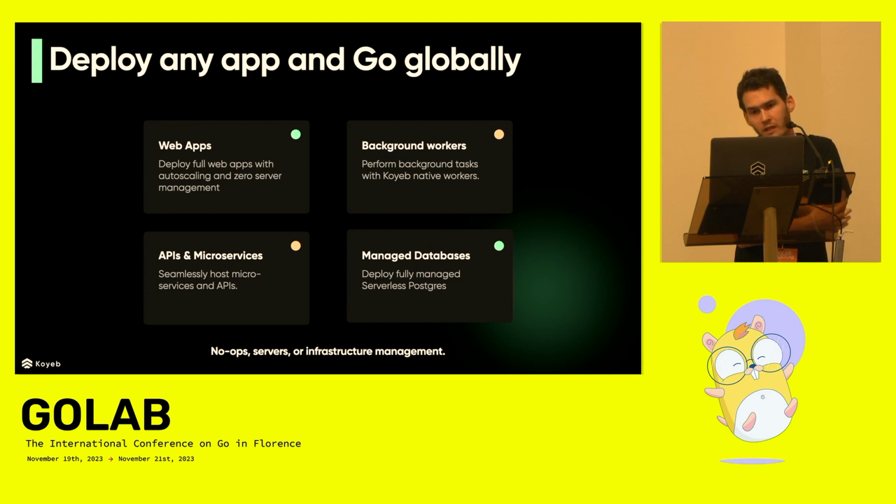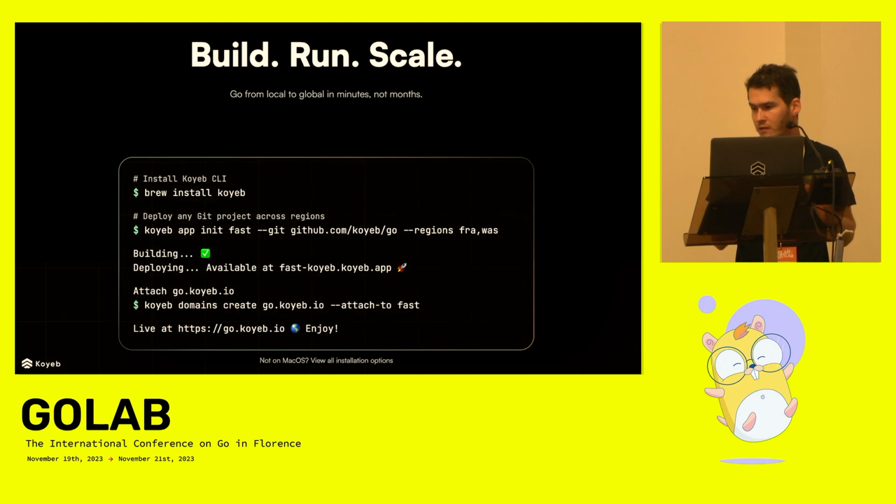We're also taking care of executing background workers, and we're providing serverless managed Postgres. That's a key thing. The key promise for us is to allow you to go from a local deployment to a global deployment in minutes instead of months.